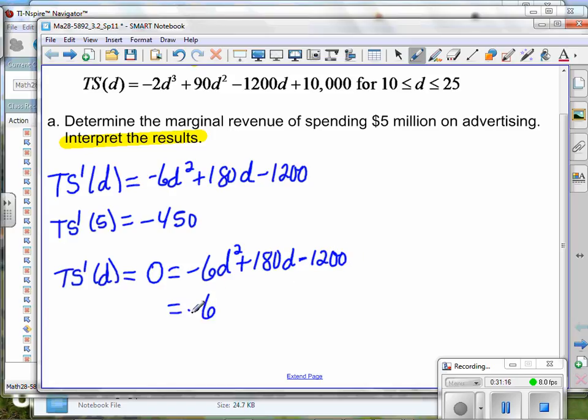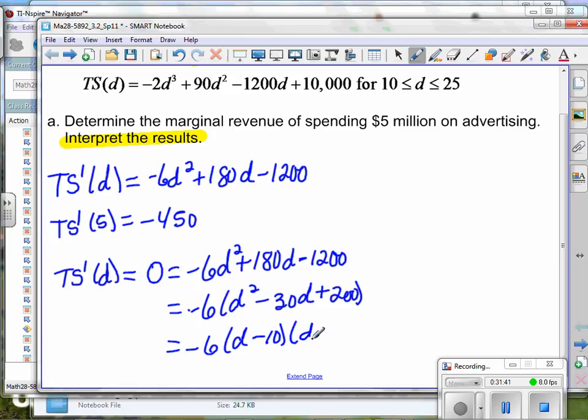Okay, factor out a negative 6. That gives me d squared minus 30d plus 200. Okay, and then what? Okay, and then factor. And I get (d minus 10)(d minus 20).